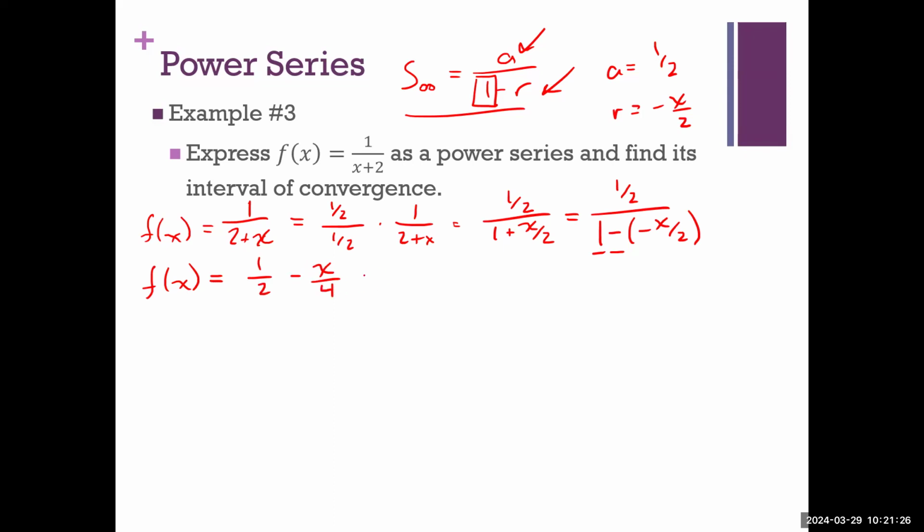And then? x squared over 8, positive x squared. So what's happening to the denominators here? They're doubling. And the powers of x? They're incrementing by 1 each time, right?